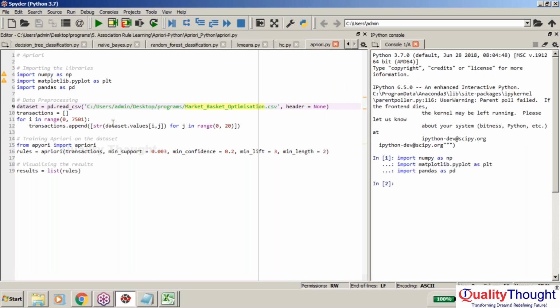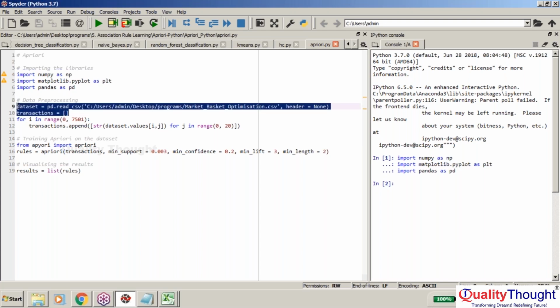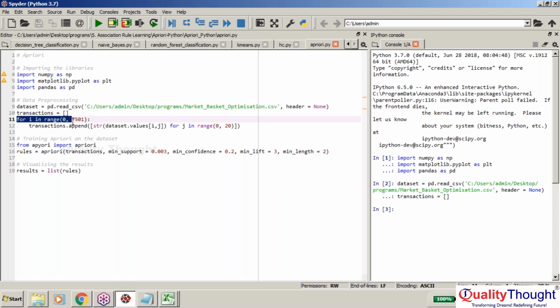We are reading this particular data set. So done. For i in range 0 to 7501, the transactions dot append, all the values are going to be captured.